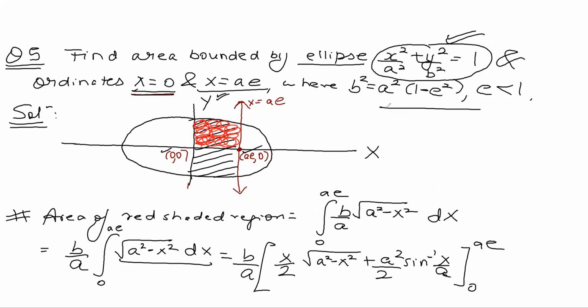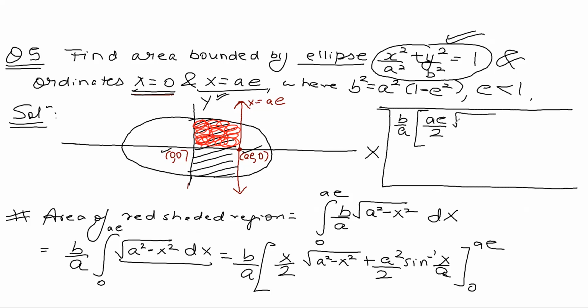So guys, in this expression, if I put ae, so I get b by a into ae by 2 under root a square minus a square e square plus a square by 2 into sine inverse of ae divided by a is e. Okay. And if I put 0, everything becomes anyway 0.